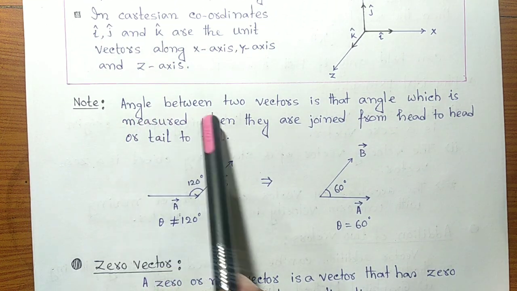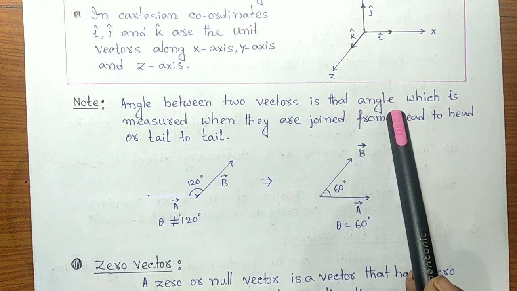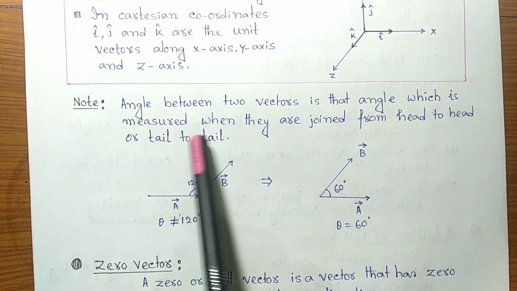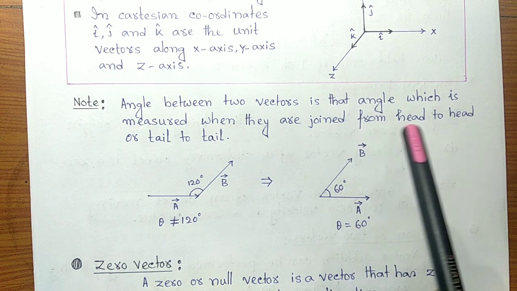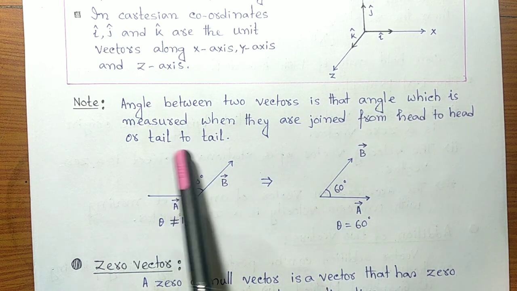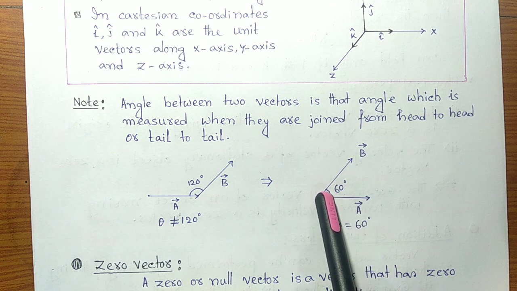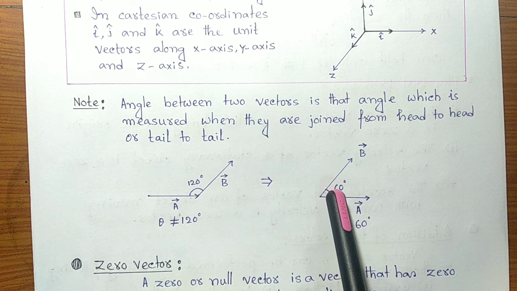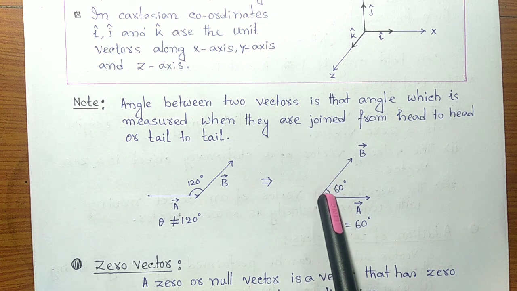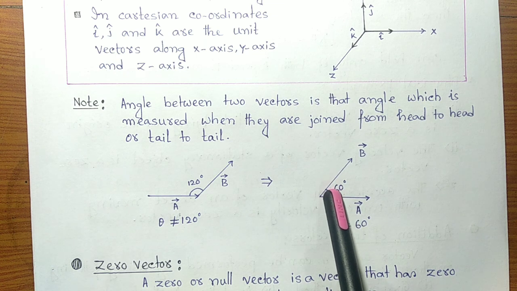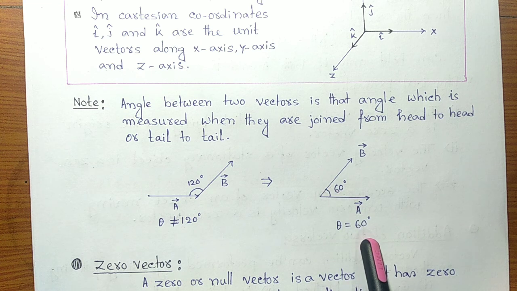Note: the angle between two vectors is the angle which is measured when they are joined head to head or tail to tail. That means, for vector A and vector B, here this is the starting point, that means the tail. So the angle between them, tail to tail, is 60 degrees.